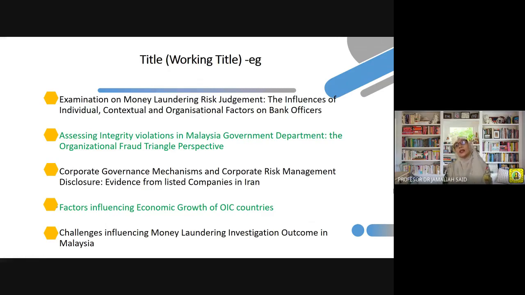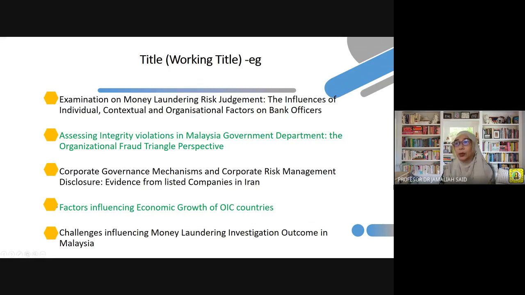Okay, next one. Corporate governance mechanism and corporate risk management disclosure: evidence from listed companies in Iran. We know that the student is trying to examine whether corporate governance mechanism, and there are hundreds of corporate governance mechanisms, I believe. But we do not know what element of corporate governance mechanism this student is going to focus on. Maybe ownership structure, maybe audit committee, maybe board structure.